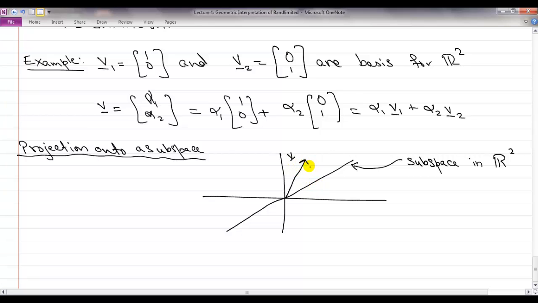There is a notion of projection onto this line. What is the definition of projection? The closest point to this vector which lies on that line. That is defined as the projection. Okay? And the way we do that is we draw a 90-degree perpendicular, and this thing is called v hat, the projection onto the subspace. Okay?